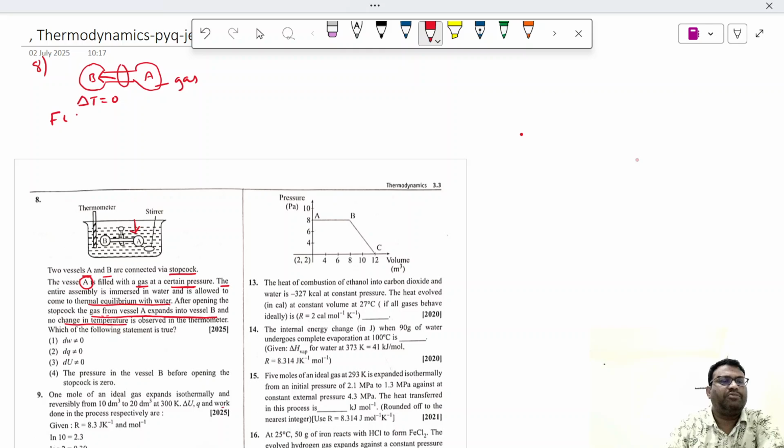According to the first law of thermodynamics, we know that delta U is equal to Q plus W. He is mentioning that delta T is equal to 0, same temperature.